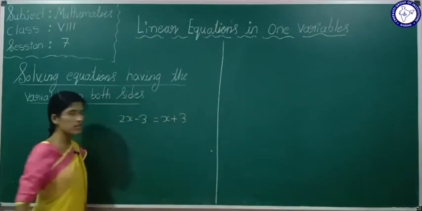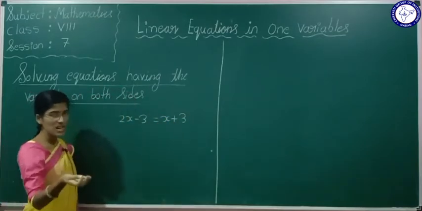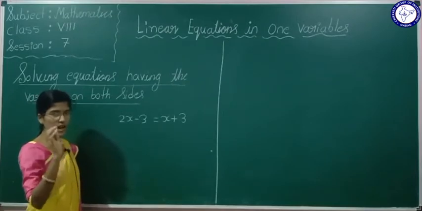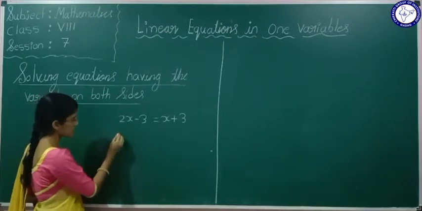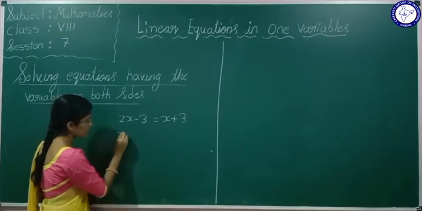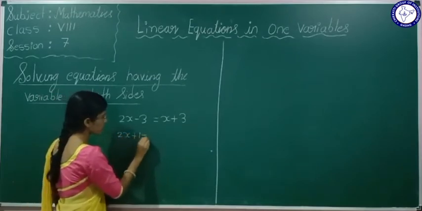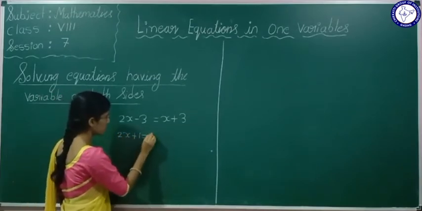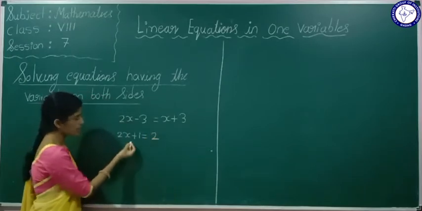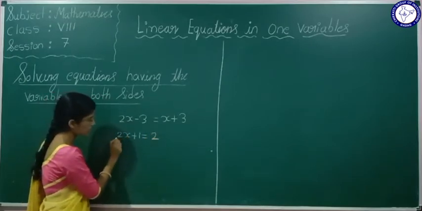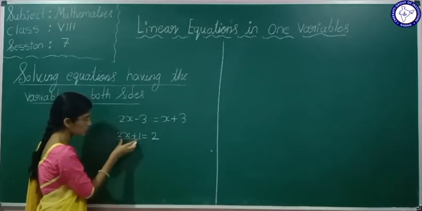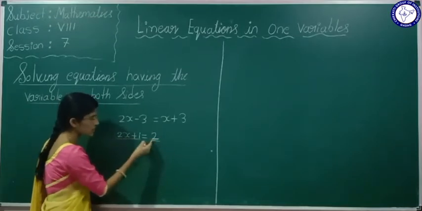This is one equation. In last class what we have learned? Only equations like 2x plus 1 is equal to 2. Only the linear expression was on one side and the constant was on the other side.